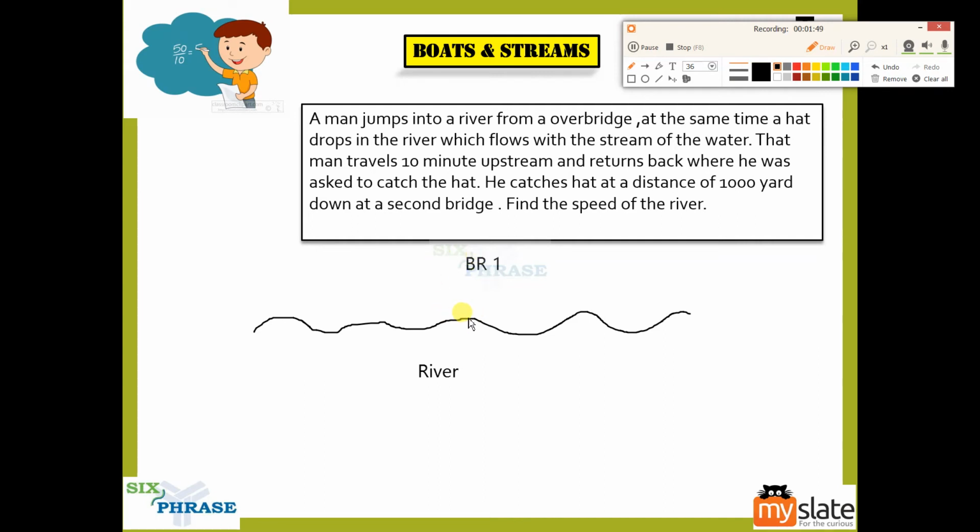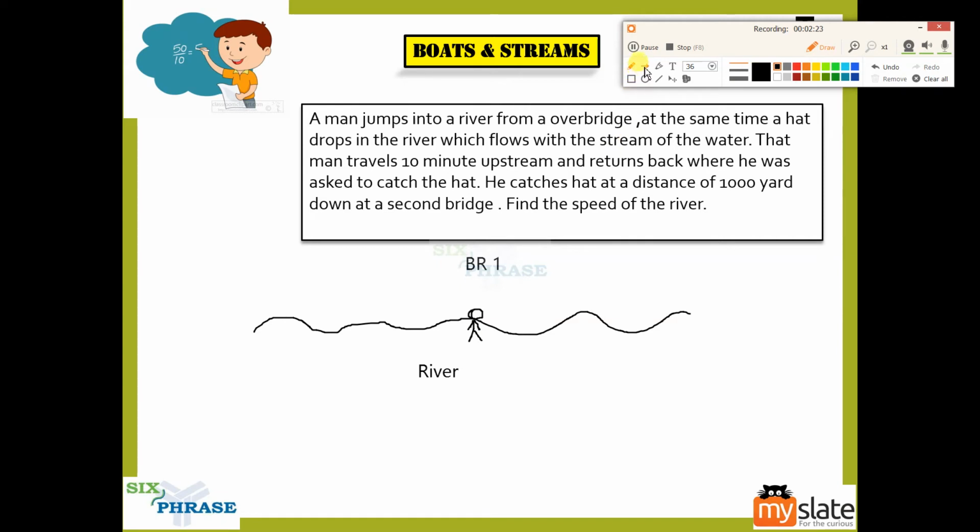So what happens is he has a hat. Now when he jumps, his hat falls from him into the river. And what this guy does is he takes a path from here. So let us assume that this is the man. Okay. So from here, after jumping, he swims in this direction.